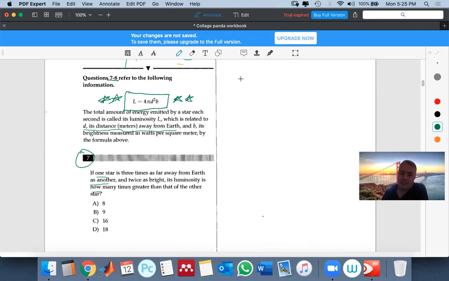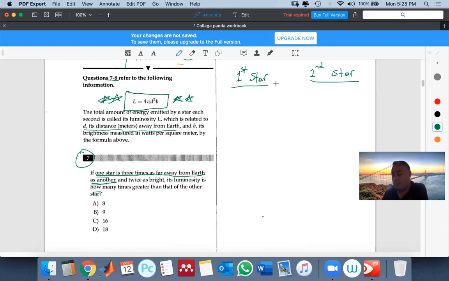So the question says: if one star is 3 times as far away from the Earth as another. So in English, what does it mean? If I say the first star and the second star, you can even change the position, not important.